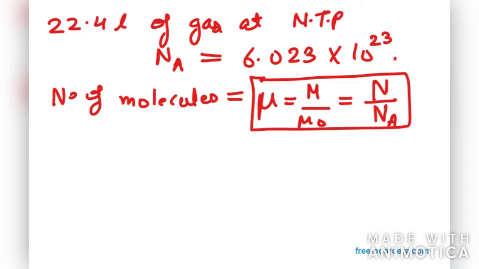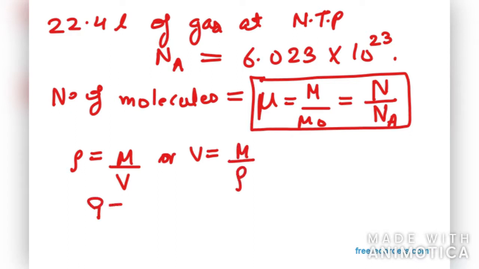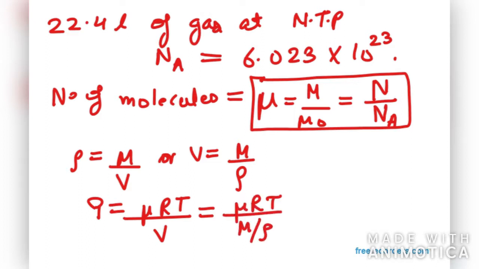So mass density, as you know, can be written as rho equals m over V, or you can write the volume as m over rho. Now, as you know, P is equal to mu RT over V. Putting the value of V in this, we get mu RT over (m over rho).